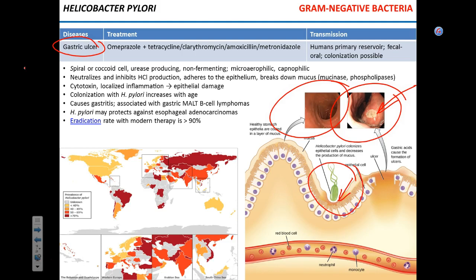That allows it to survive in the acidic environment and penetrate through the mucus all the way to the epithelial layer, where it establishes the infection. That infection leads to inflammation. Inflammation leads to the disruption of tissues, and that's the ulcer. Am I clear?